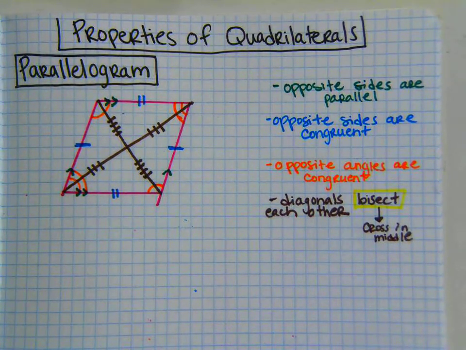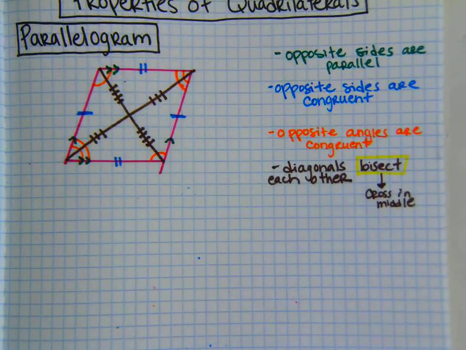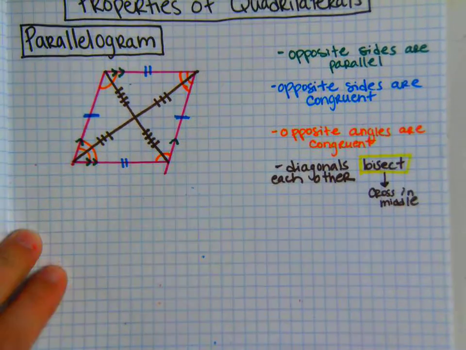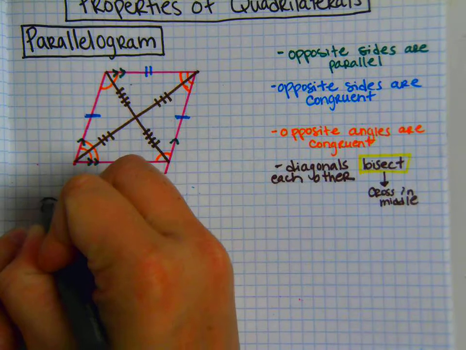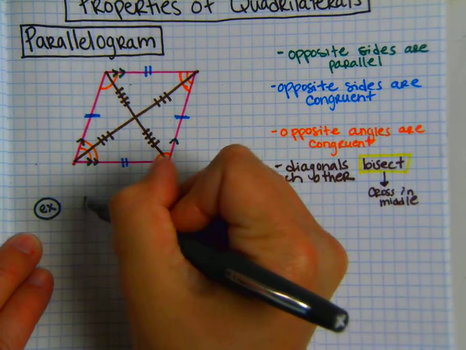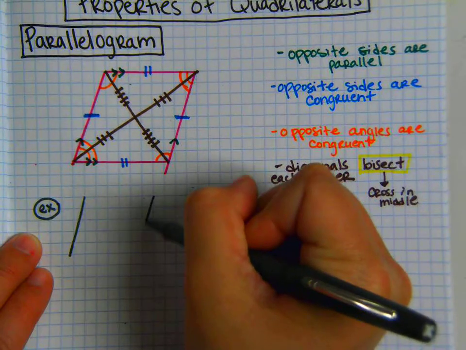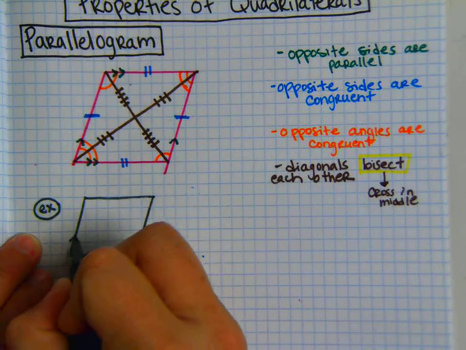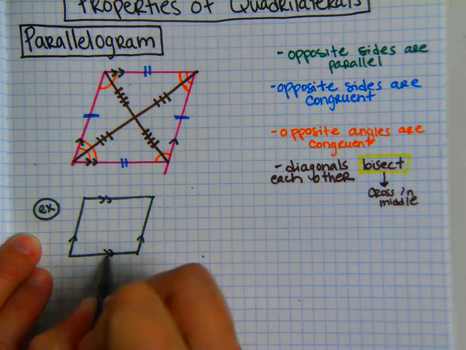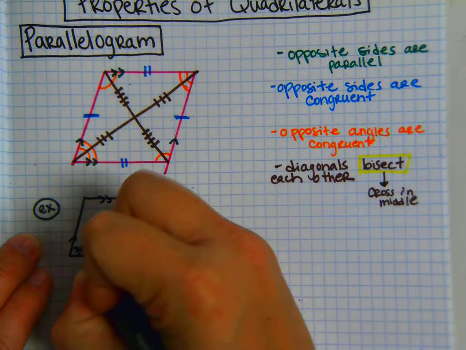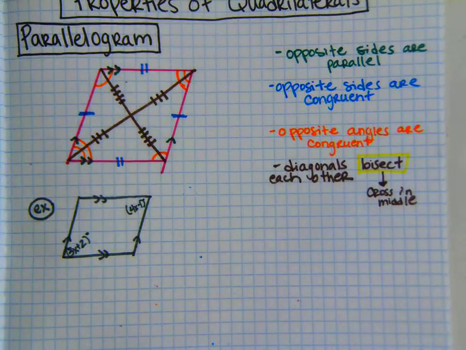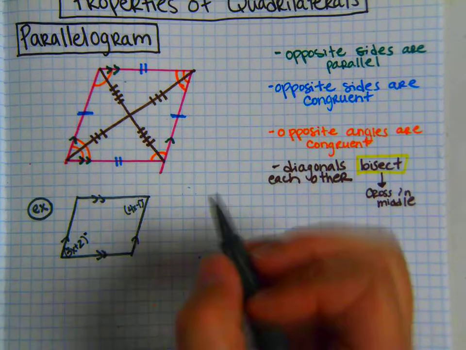Okay, so why is all this information important? It's important because we can be given problems that we need to use those properties with. So let's do an example of when we would use a property of a parallelogram. I have this problem right here, and it would say something like solve for x.